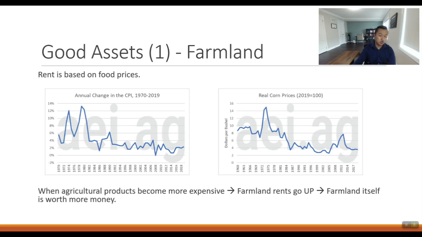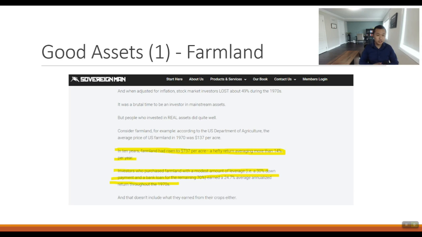So when agricultural products become more expensive, farmland rents go up, and farmland itself is worth more money. In the 1970s, after adjusting for inflation, stock market investors lost 50% of their value. In fact, in the 1970s, I think the stock market had maybe 2 or 3 down years, so about 70% of the time it had nominally positive returns.